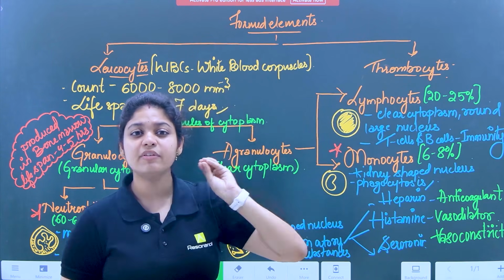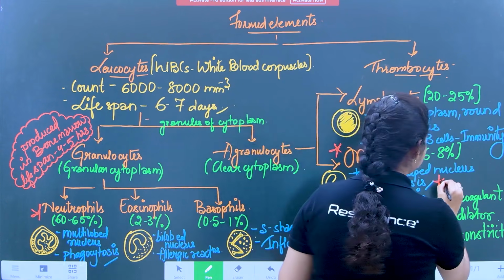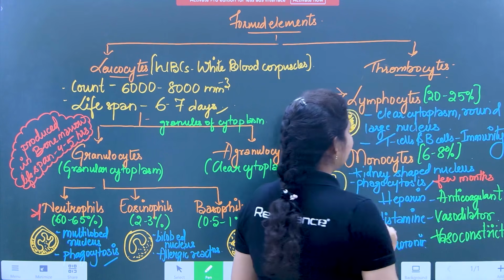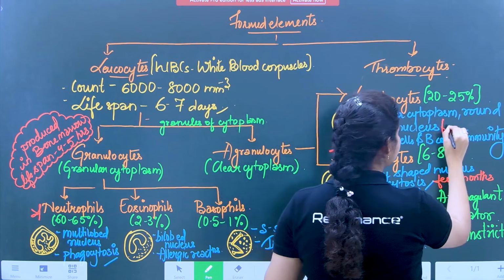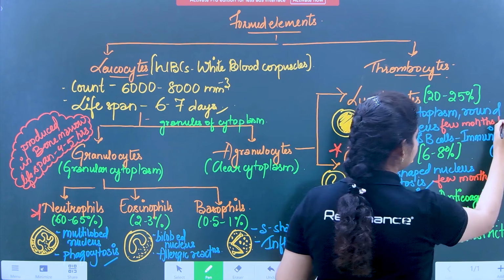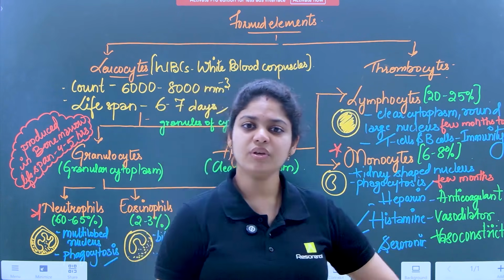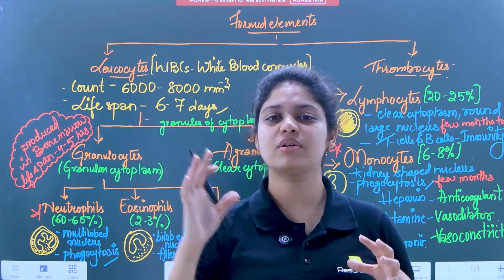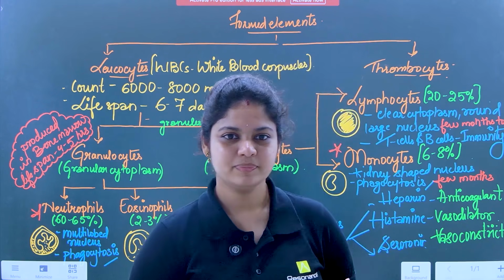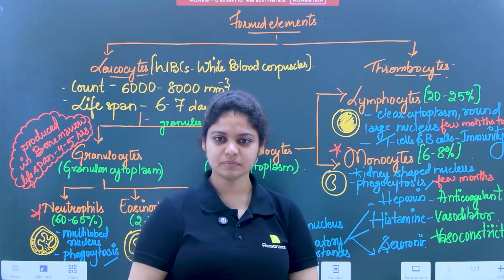Monocytes can survive up to a few months, whereas lymphocytes can survive from a few months to years. It can survive up to years as well. Immunity, no? We can have immunity for a longer period of time. Shall I explain the entire leukocytes once?